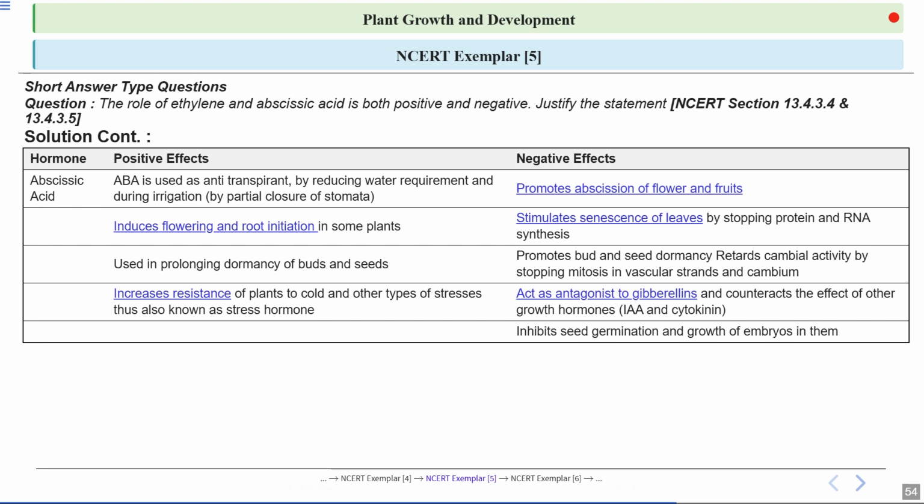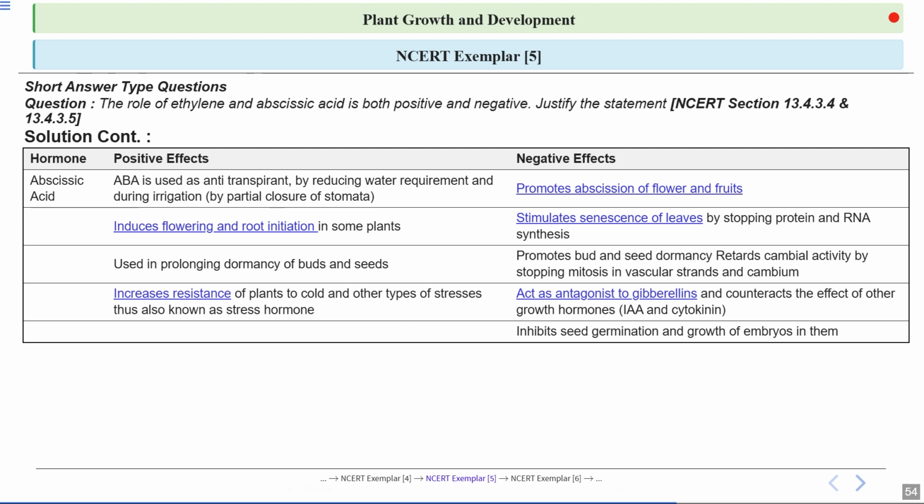So when less water is available in the field, this abscisic acid works there and it works as an anti-transpirant. It induces the flowering and root initiation in some plants. Okay. And prolonged dormancy, used for the prolonged dormancy for the seeds, for the buds, right?